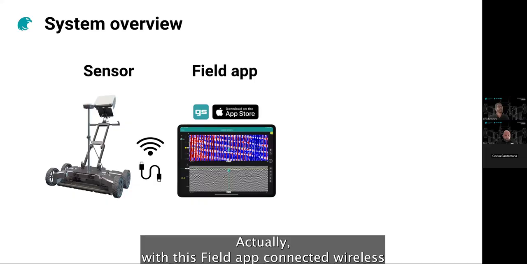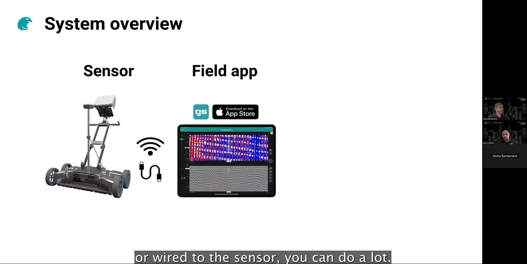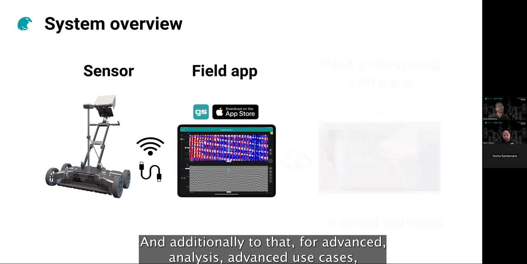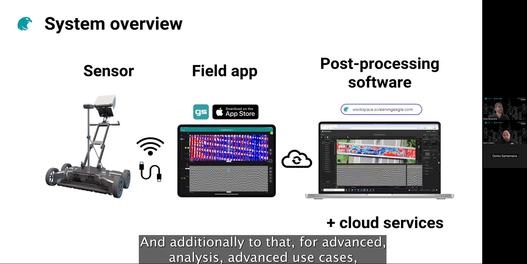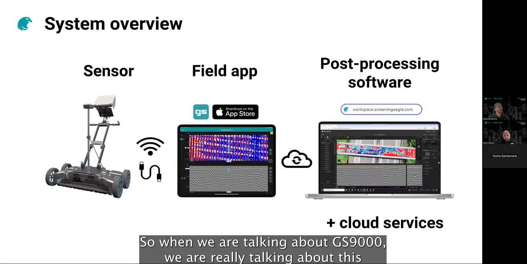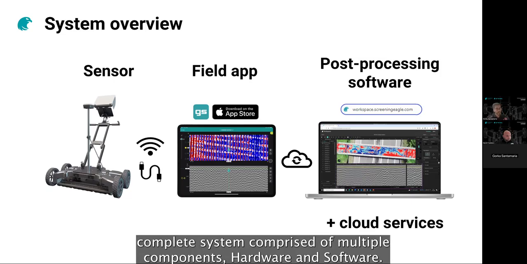With this field app connected wireless or wired to the sensor, you can do a lot. Additionally, for advanced analysis and advanced use cases, there is post-processing software and cloud services that come alongside. So when we are talking about GS9000, we are really talking about this complete system comprised of multiple components, hardware and software.